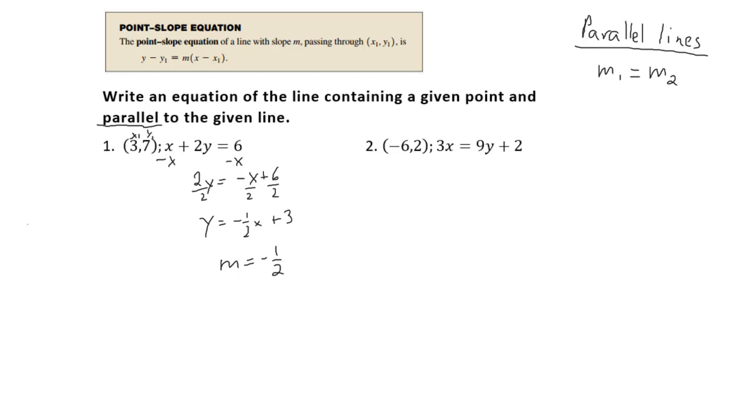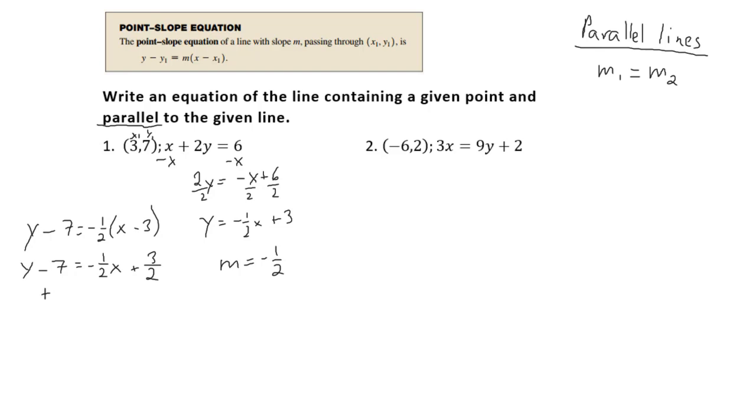So now we go y minus 7 equals -1/2 times x minus 3. So I get y minus 7 equals -1/2 x, distribute, plus 3 over 2.